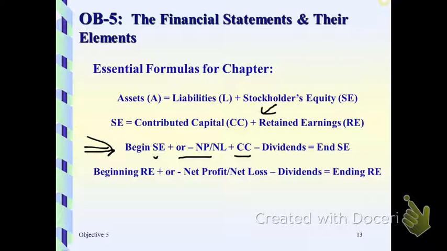It's the number of shares outstanding times the value that was initially placed on that stock when it was sold, minus the dividends, and that would equal the ending stockholders' equity. If we want to focus on just the retained earnings portion of the stockholders' equity, we can use the equation: the beginning retained earnings plus or minus the net profit or loss, minus the dividends, equals the ending retained earnings.